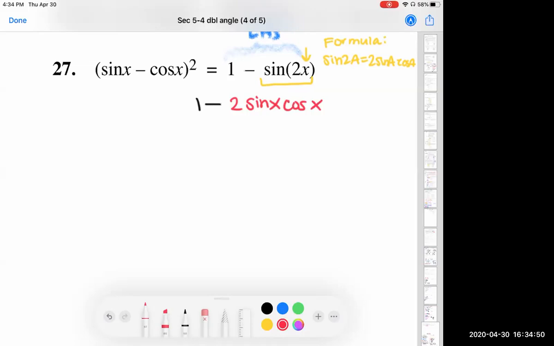And we see that we want to get sine of x minus cosine of x squared. What can we try to do? I'm kind of stumped with this one.